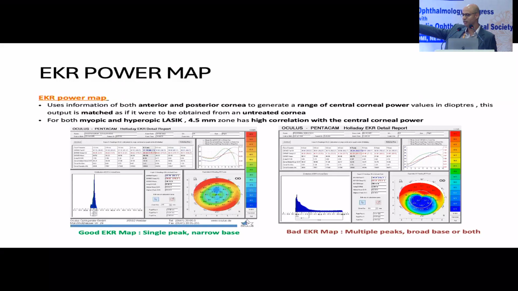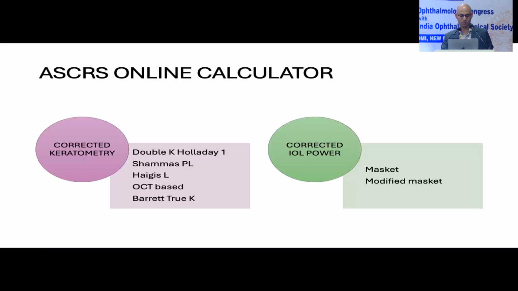This is the ideal EKR, which has a narrow base and a single peak, whereas if you have a very wide base, then it means that the keratometry is irregularly distributed, and you may not get a very reliable value. Basically this map gives you an equivalent K reading, which you can then input into your IOL formula. For both myopic and hyperopic LASIK, a 4.5 millimeter optic zone calculation for the EKR is quite useful.